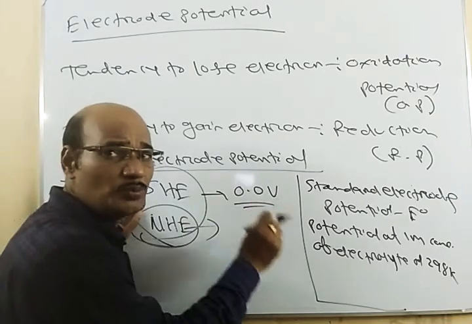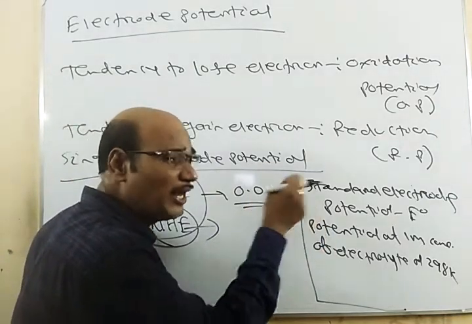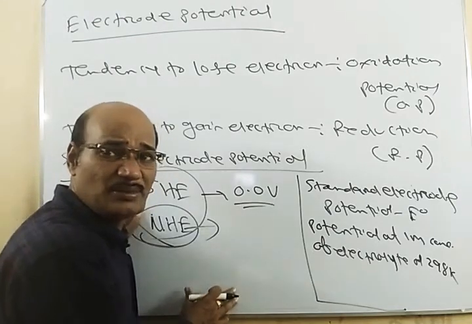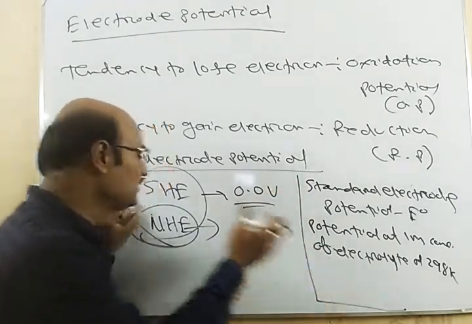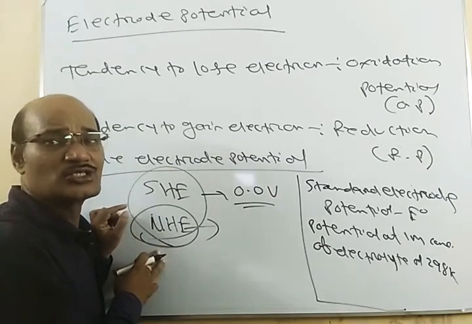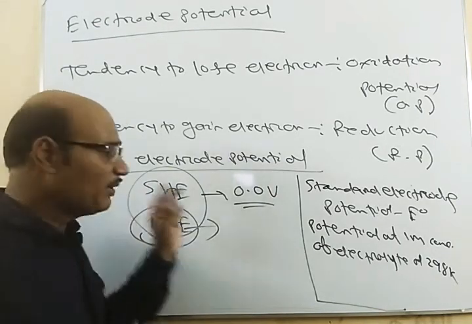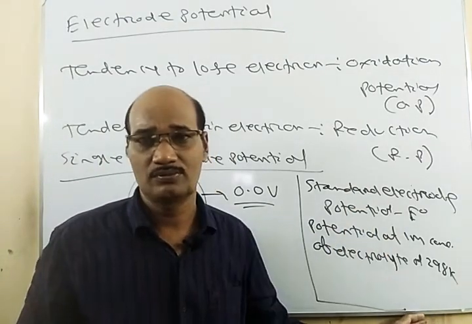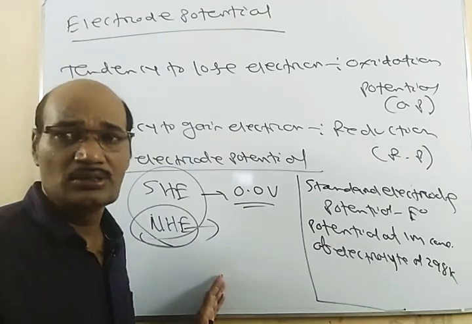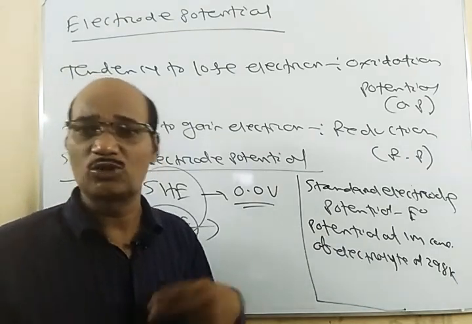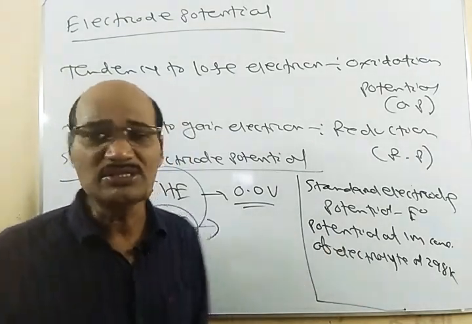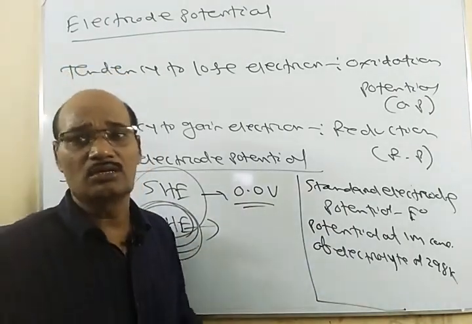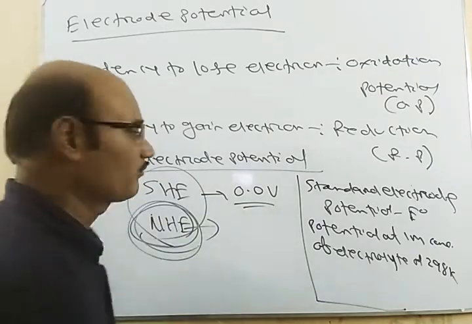If the electrode whose potential we are going to determine is acting as a cathode, meaning reduction takes place there, then the NHE will act as anode and oxidation will take place here. So depending upon the nature of the other electrode present, the NHE can behave both as a cathode or as an anode. That means the normal hydrogen electrode may undergo oxidation or may undergo reduction. Okay.